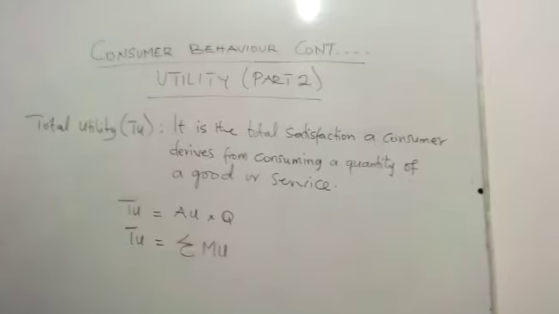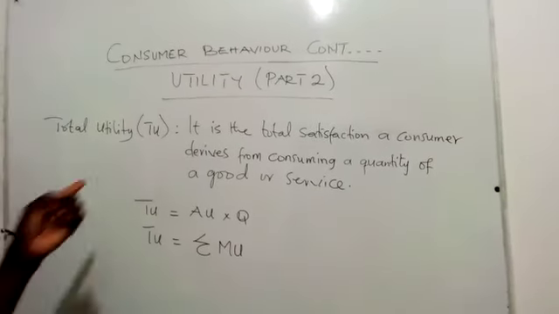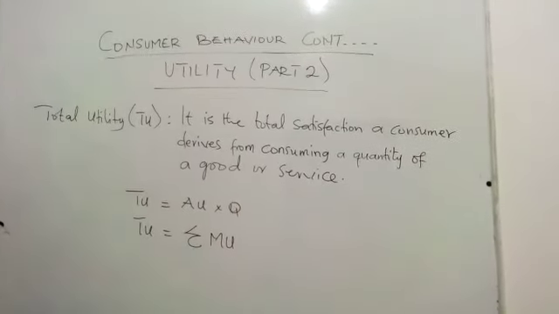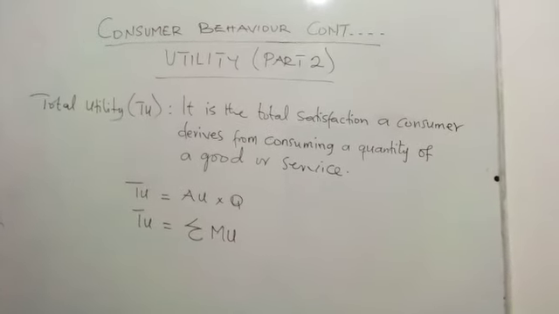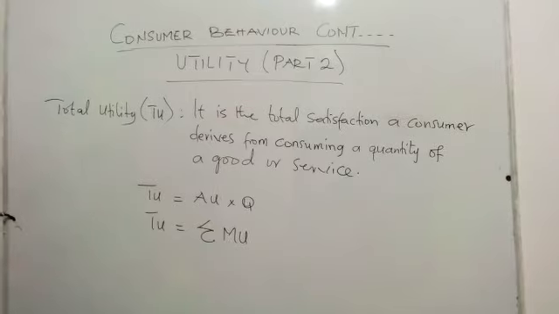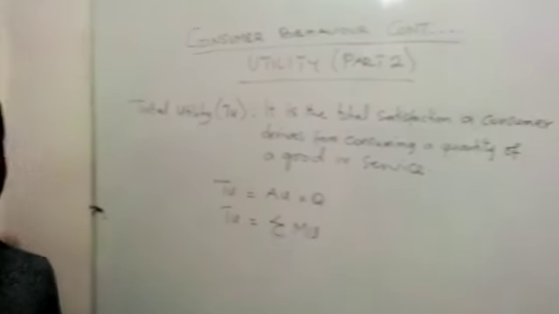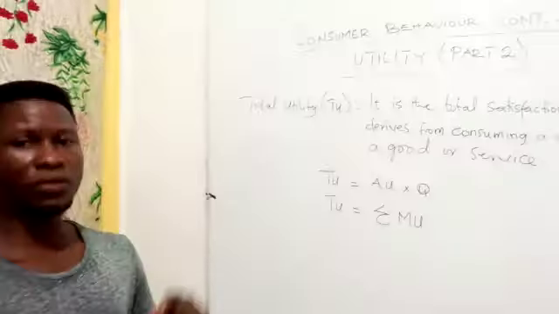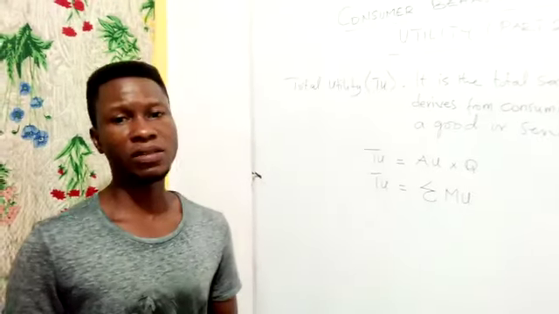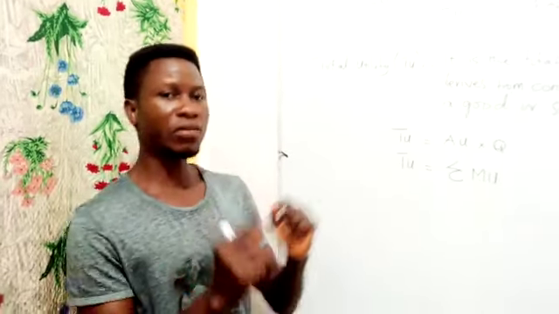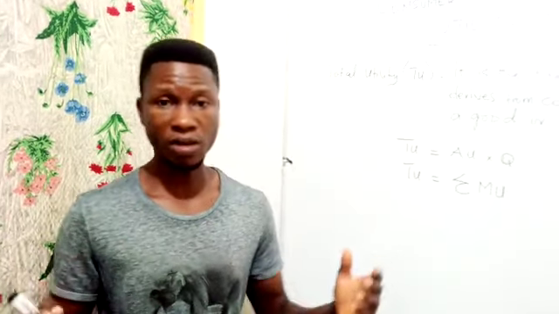So total utility, we said that by definition it is the total satisfaction a consumer derives from consuming a quantity of a good or service. So if you drink a bottle of water, there is a level of satisfaction that you derive, and we call that total utility, because that 1 unit of bottle that you consume is a quantity.